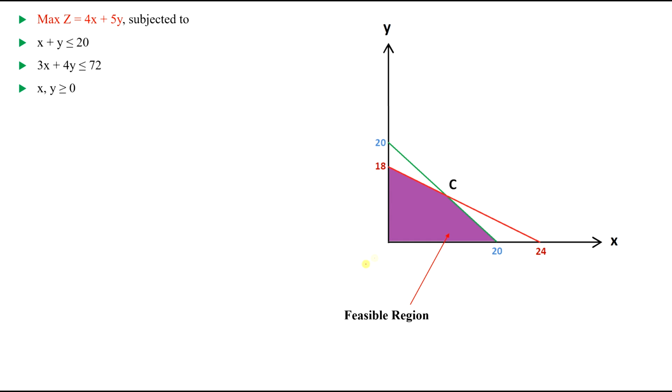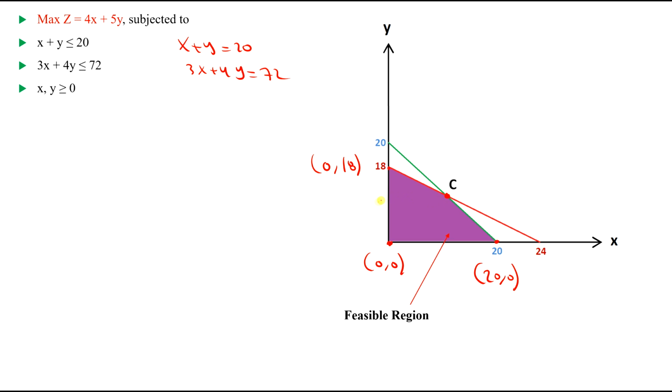What I mean by corner points: you can see that this shape has some corner points. We have the point 0 and 0, we have the point 20 and 0, we have the point 0 and 18, and we have the point which is the intersection of the two lines, x plus y equal to 20 and 3x plus 4y equal to 72.